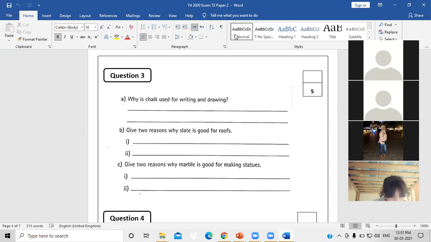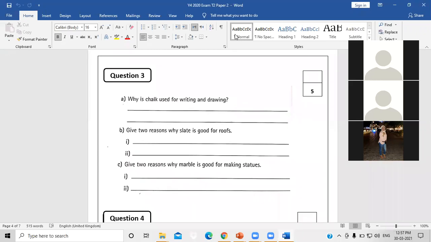Ahmed, what do you want to say? Because it's permeable. No. Hamza? Because it wears away easily. Thank you so much. So the answer is because it wears away easily. You can wipe it away easily. So chalk is used for writing and drawing because it wears away easily.